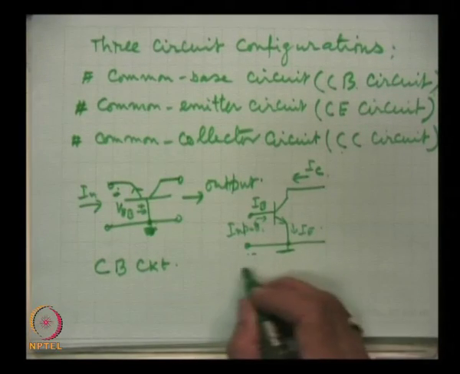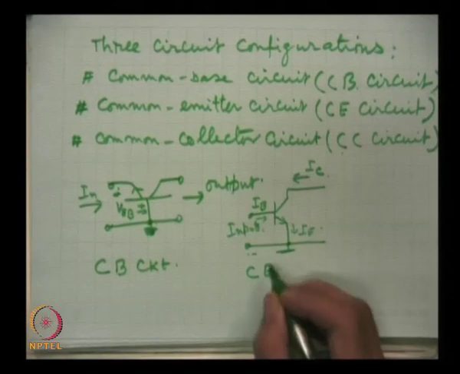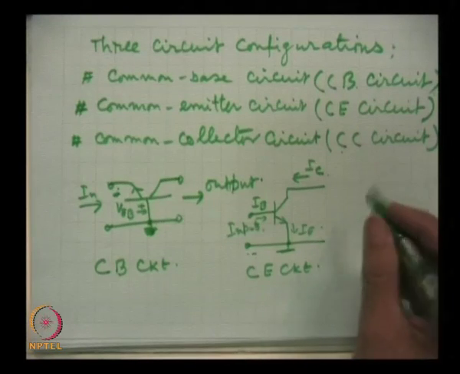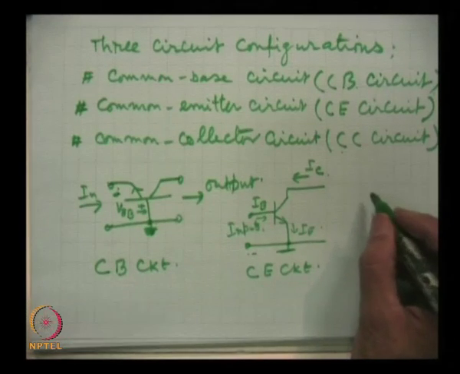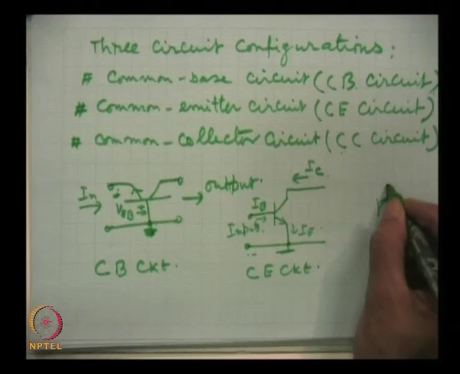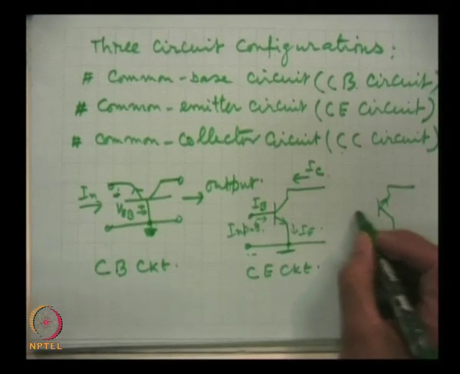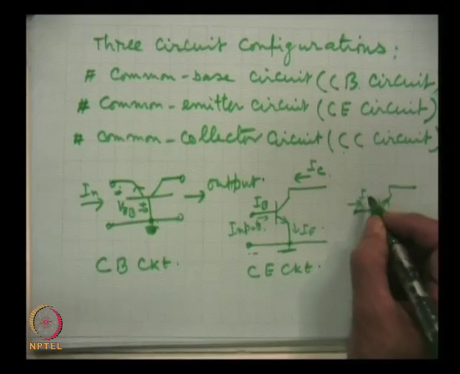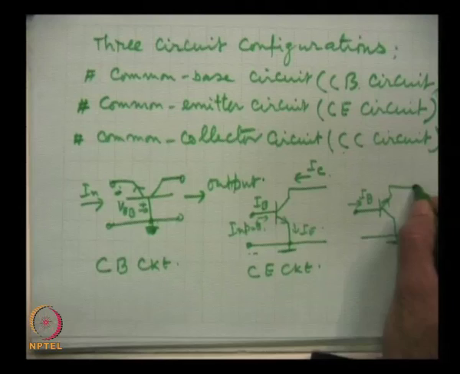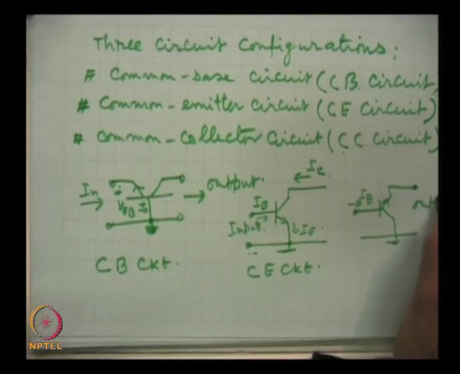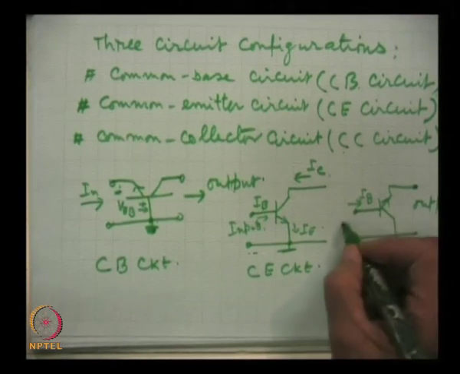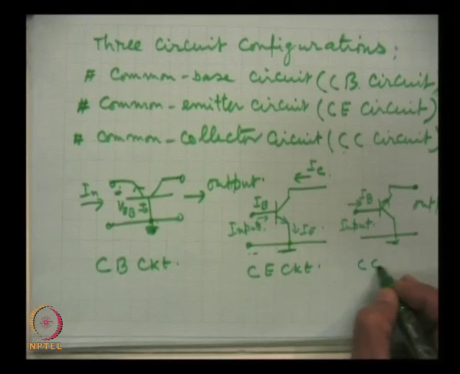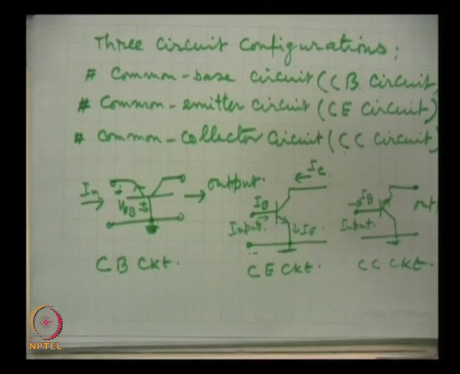This is common emitter circuit and common collector circuit. Output, and here this is input. This is common collector circuit.